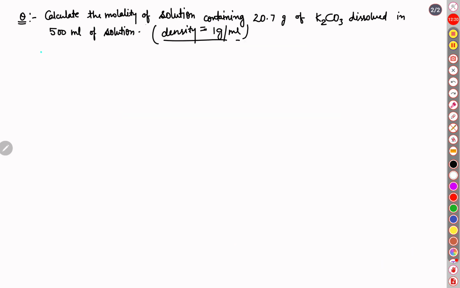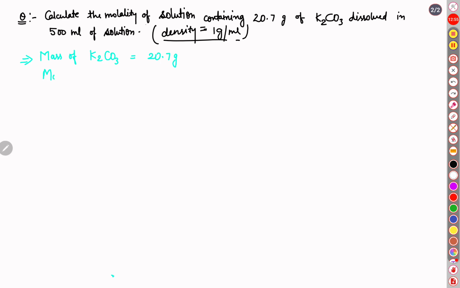Answer. Let us talk about the solution. We know already the mass of K2CO3, potassium carbonate, is 20.7 gram. And we need the molar mass, because we have to find the number of moles.